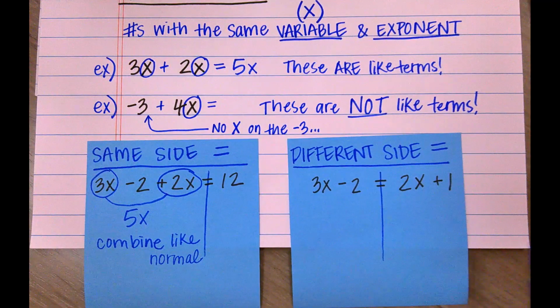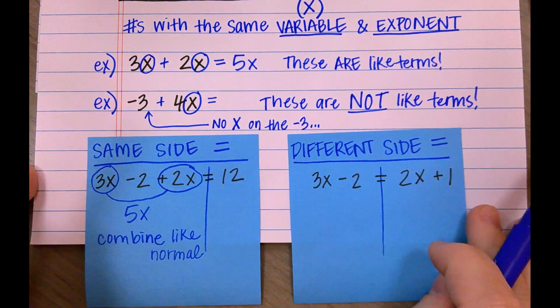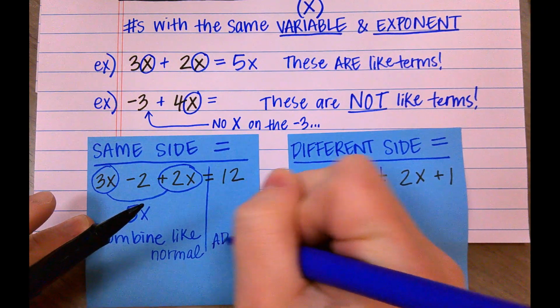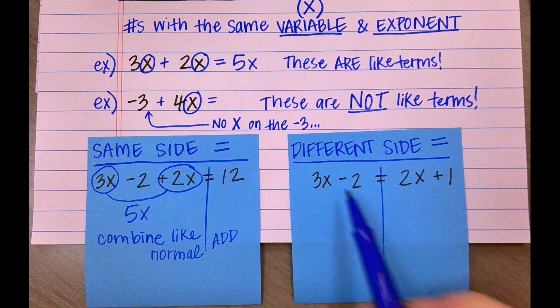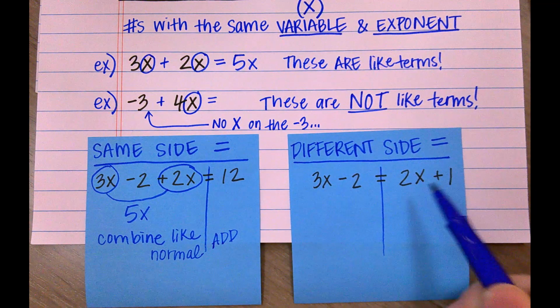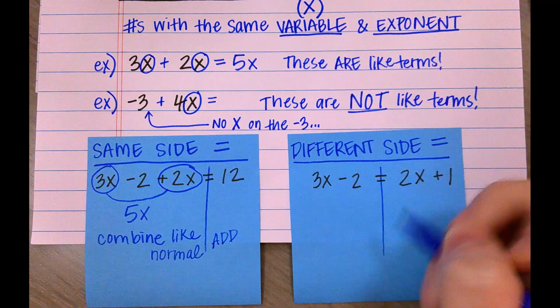When our like terms are not on the same side, what do we have to do different? We have to get rid of one of them by subtracting. When they're on the same side, we can just add them. When they're on opposite sides, we have to do the opposite thing. That's when we use our inverse operations. That's whenever we subtract.